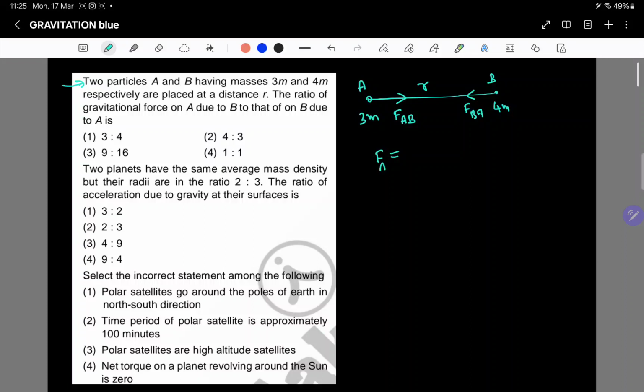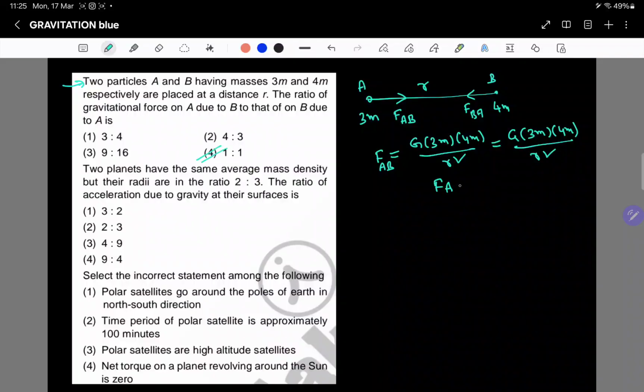Now here F_AB equal to G m1 m2 by r square. Force on B due to A is also the same, students, G into 3m into 4m by r square. So F_AB equal to F_BA, the ratio is nothing but 1:1 only, students.